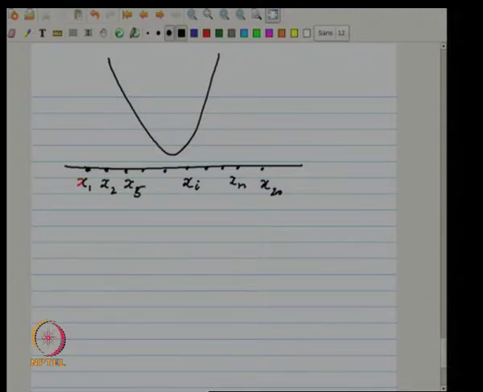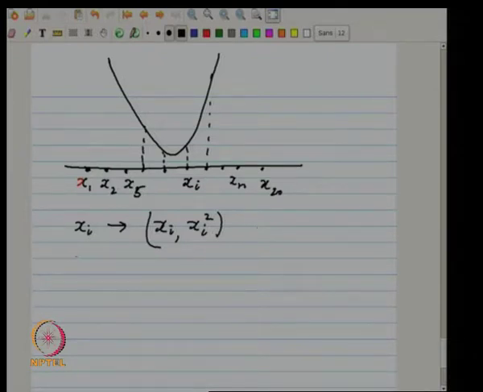What I am going to do is project these points on this parabola. Actually, not project, but I should use the word lift. So, I am lifting these points by one dimension. A point xi gets mapped to xi comma xi square.